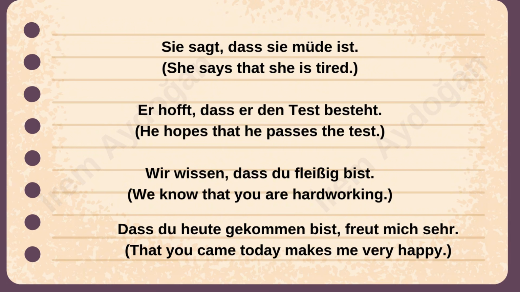We know that you are hardworking. The structure is dass, subject, object or place, whatever you want, and then the verb and the auxiliary verb. If we have one, we should put it at the end of the sentence.